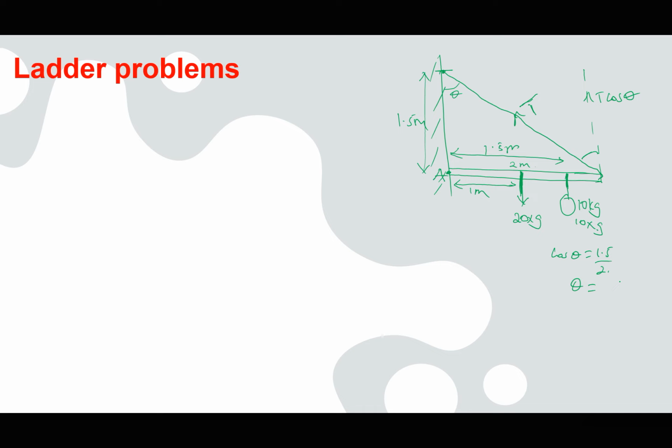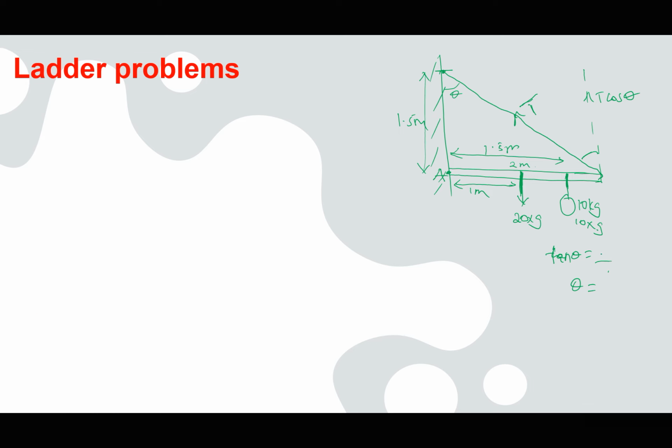So the angle theta is going to be cos inverse 1.5 divided by 2. No, that is not cos. Opposite over adjacent, that is tan, not cos. Tan theta is opposite over adjacent, because 2 is the opposite and 1.5 is the adjacent.